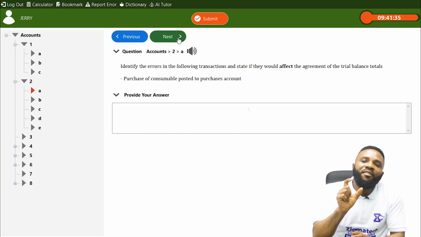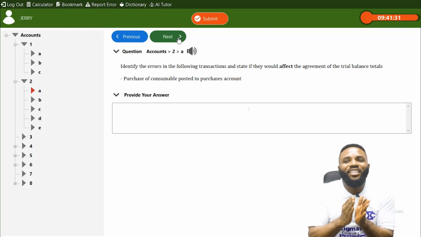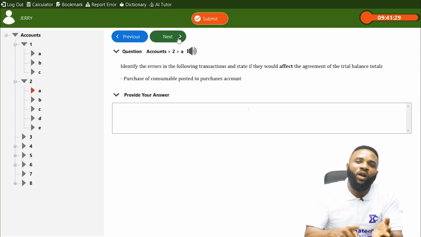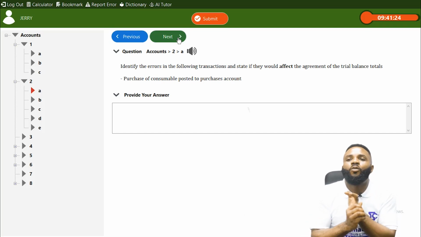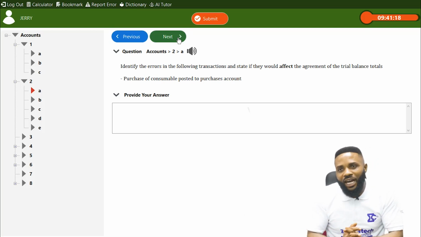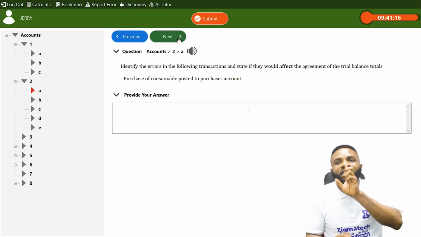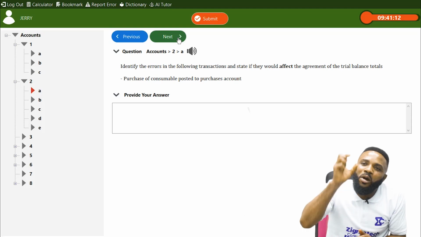Now, we have the classes of errors that will not affect the total of the trial balance. They are called error of principle, error of commission, error of omission, compensating error, error of transposition, and complete reversal. Now, in this question, this particular error that is committed here is called error of principle.